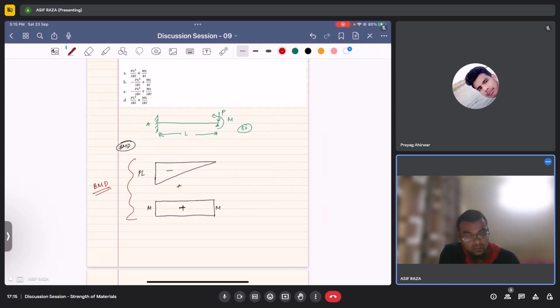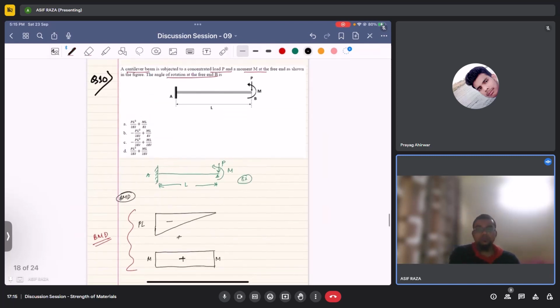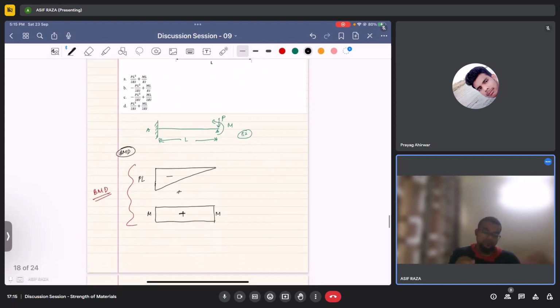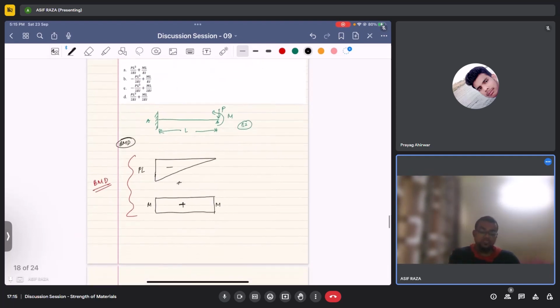Okay, we want to calculate the slope at B. The slope at B can be computed by just computing the area between A and B, because we already know my slope at A is equal to 0.